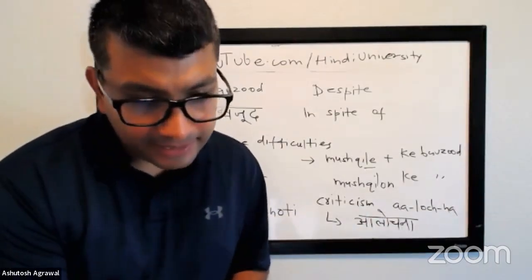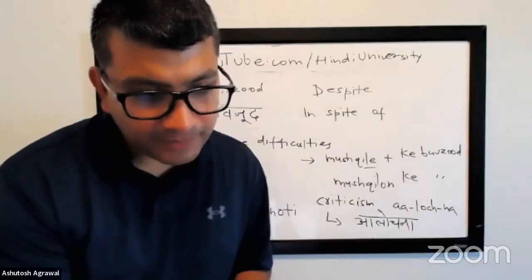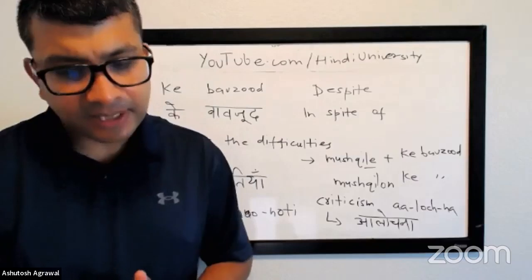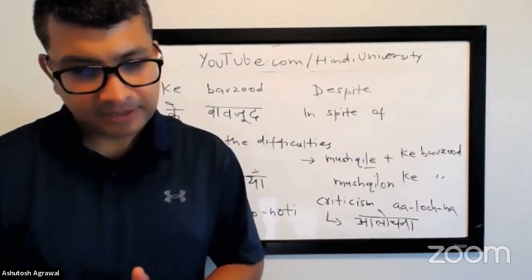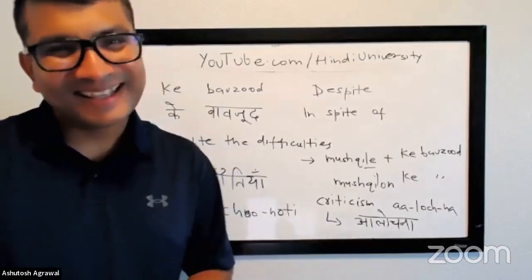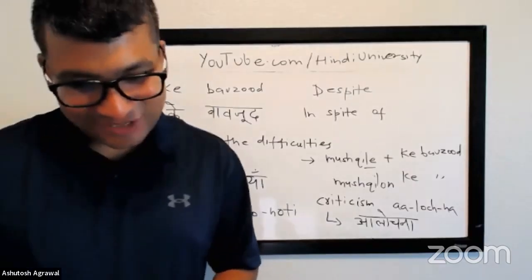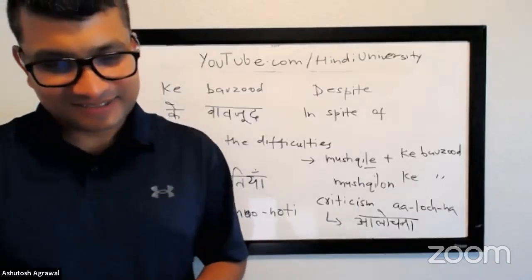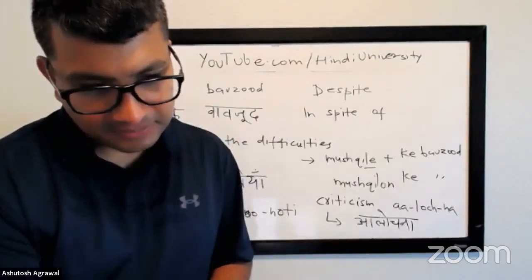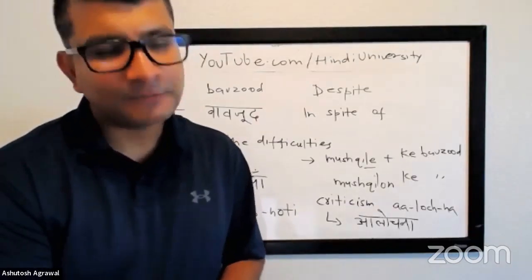Okay, despite the delay. Vidya ji, you want to try this one? Despite the delay. Now I forgot the word for delay. You can just use delay. देर होने के बावजूद. Okay, you can say that.